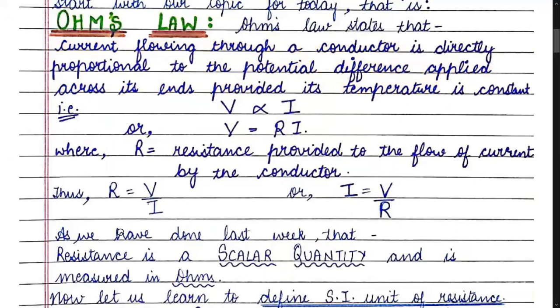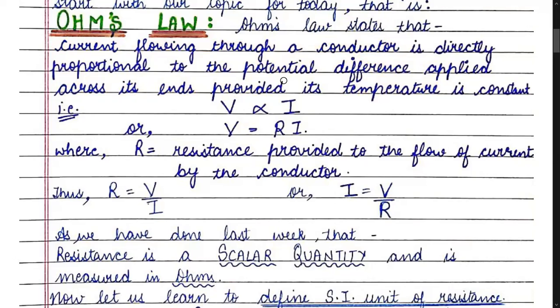Again, repeat the statement of Ohm's law along with me. So it is current flowing through a conductor. The word conductor is very important here. Don't write current flowing through a body or current flowing through an object. Children, that object can be an insulator also. It can be wood, glass, plastic sheet.